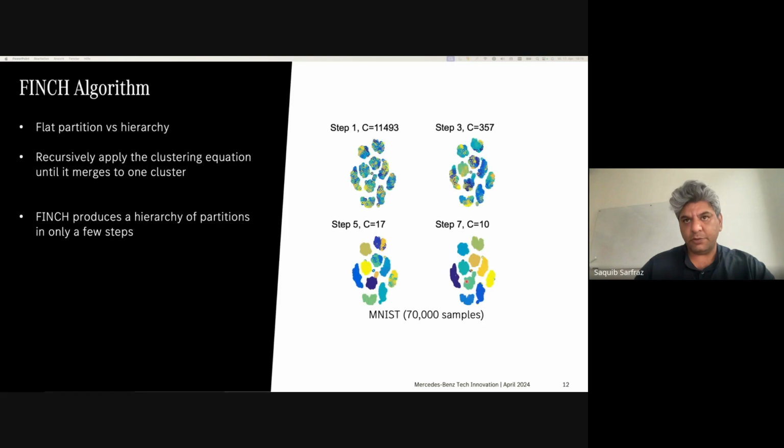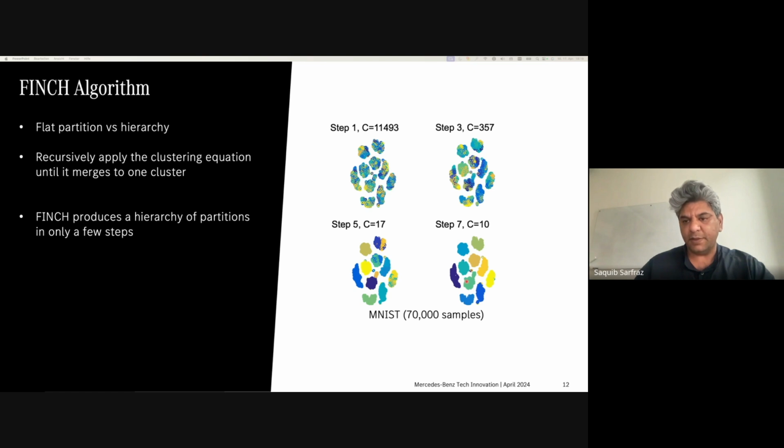But that's not the whole story, though, because the clustering equation that I described so far, it delivers a flat partition with some predetermined cluster, right? So those are the connected components of this adjacency matrix that we just saw. So applying it recursively will produce further successive partitions of this.